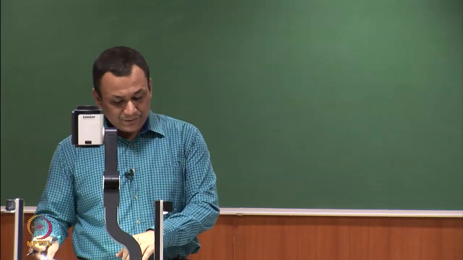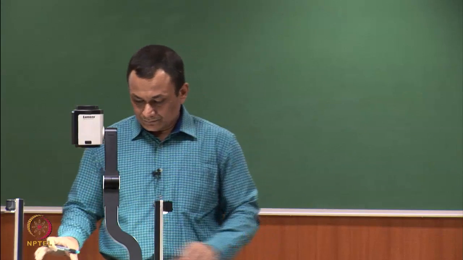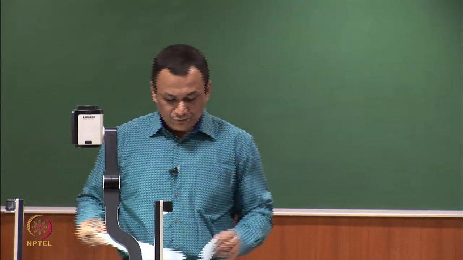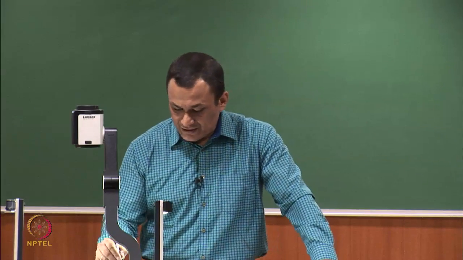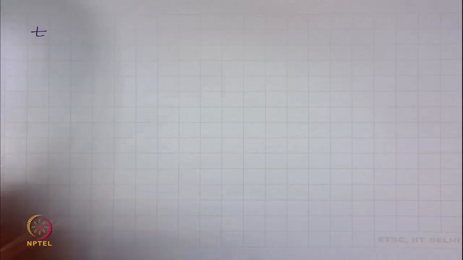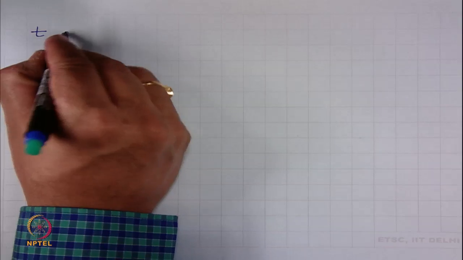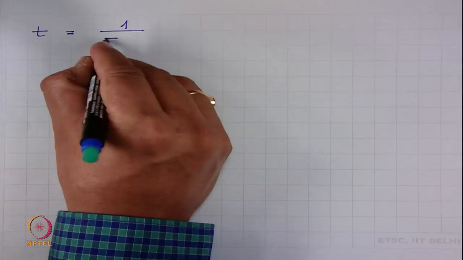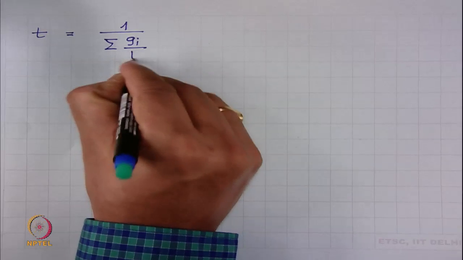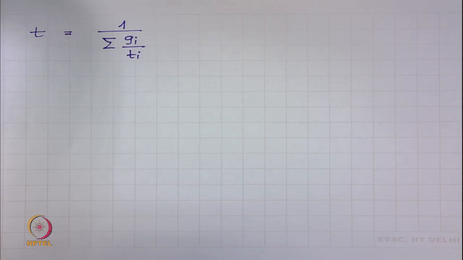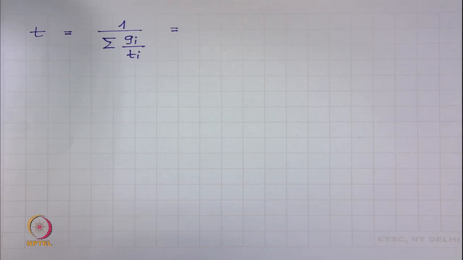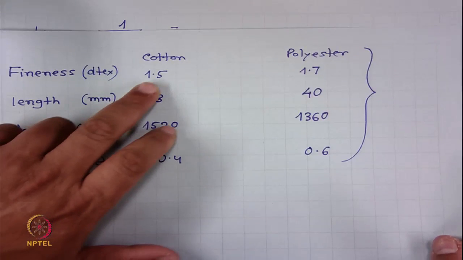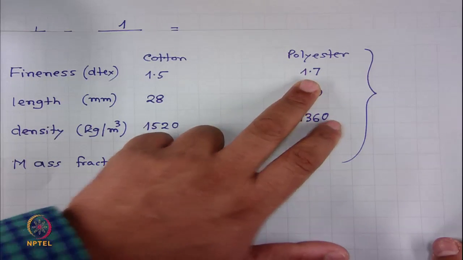So, let us solve this problem. Whatever formulas we learnt, we will use them directly. So, we start with fineness of blend T. We have learned that T is related to individual components by this expression. Now, all values are given in this table. G1 is 0.4, G2 0.6, T1 1.5, T2 1.7 decitex.